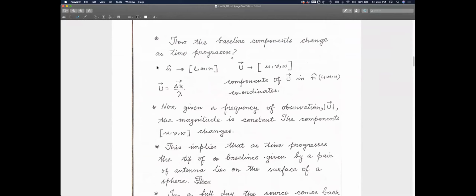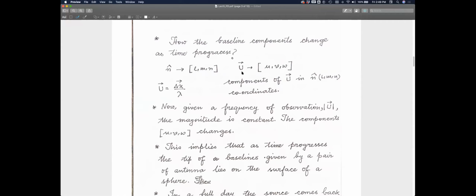Let me remind you that the unit vector along the direction of a particular point in your source can be written in the direction cosines l, m and n, which squared and added give 1. Your baseline vector is also written in terms of the u, v, w coordinates, which are the projections along the same coordinate system.